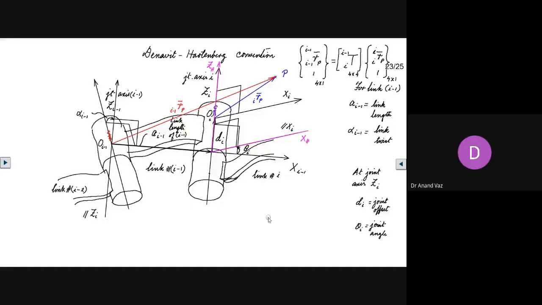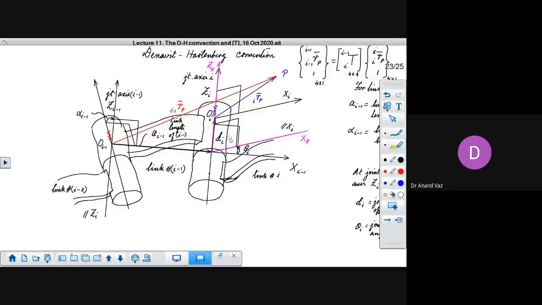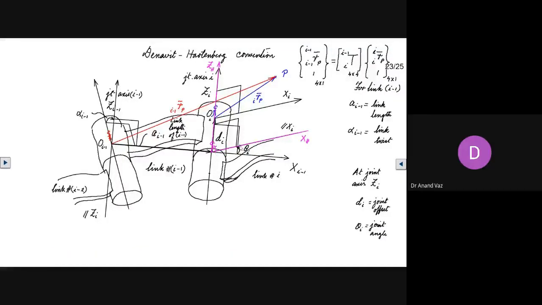Now our first job is we will write down what is the position of the same point as observed in this frame H. How does it look? You see, the frame I is just translated with respect to the frame H. If the observer is standing here in the frame H, he will see that frame I is just translated.